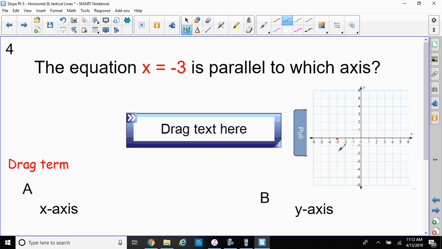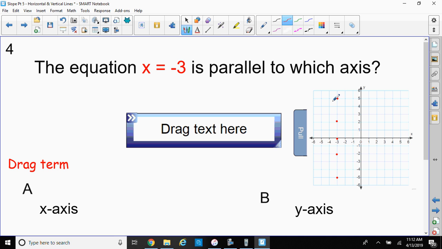Well, I can go down here. x will be equal to -3, and y is -2. If I go down further, x is still -3, and there's -3, -5. If I go up here, that'll be -3 again for x, and y is equal to 2. If I go up here, x is still -3 and y is positive 5.